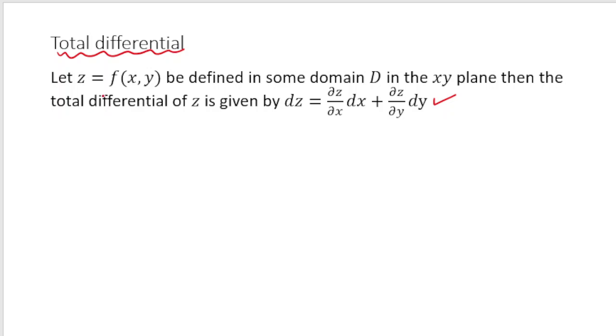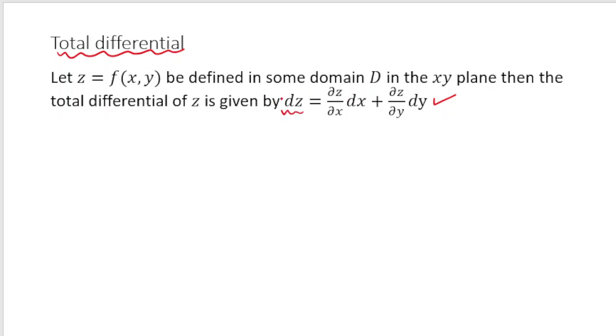So basically, what is the total differential? When we are differentiating the function partially, we are keeping the other variable as constant. But by total differential, what we basically mean is that the function is changing in both x and y direction, and if we want to measure the change in z, then we can use the total differential.